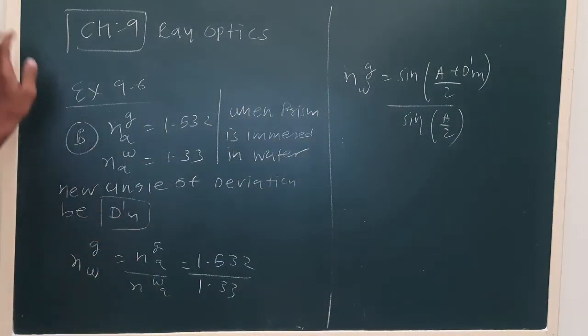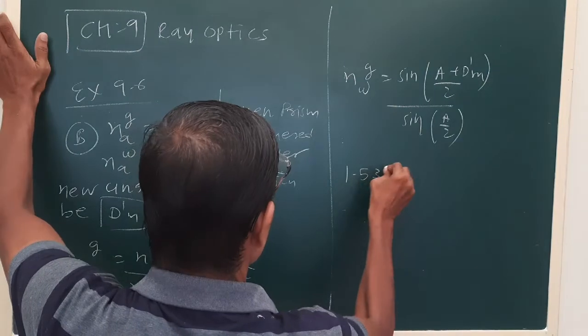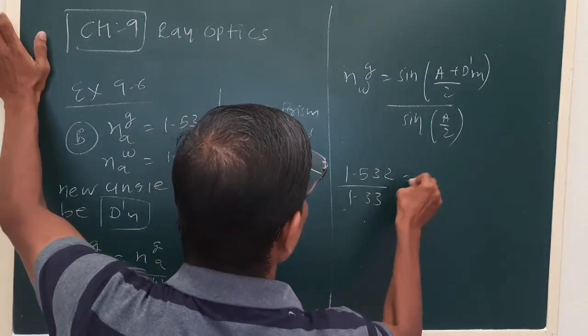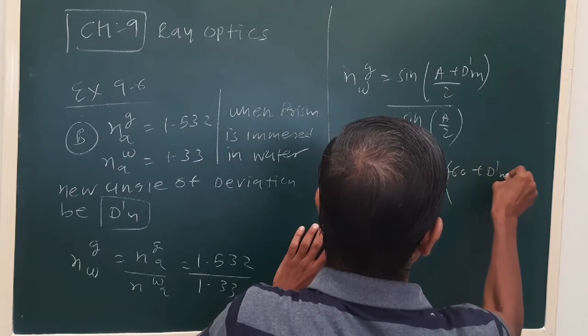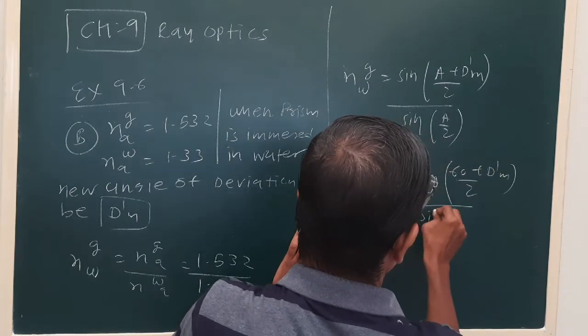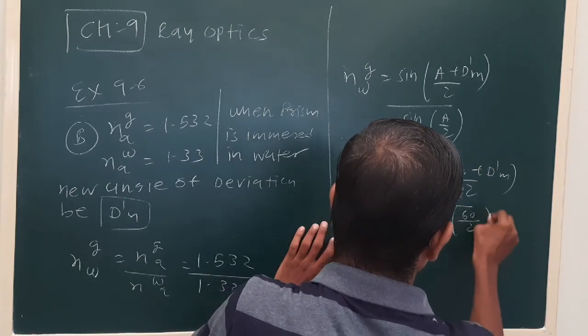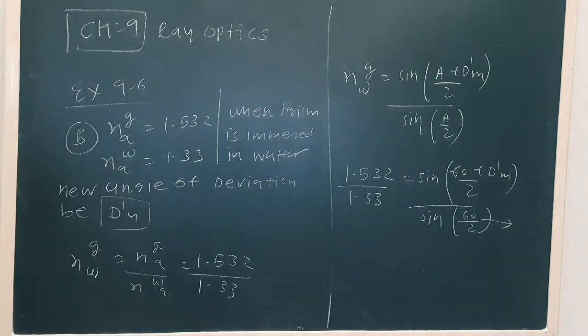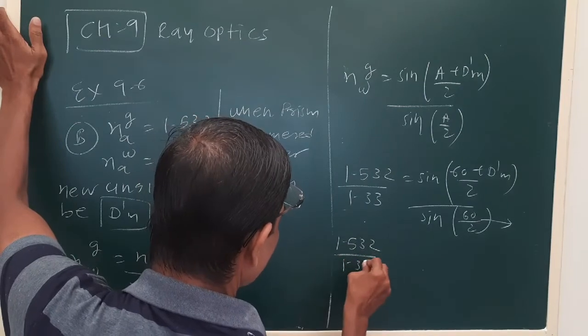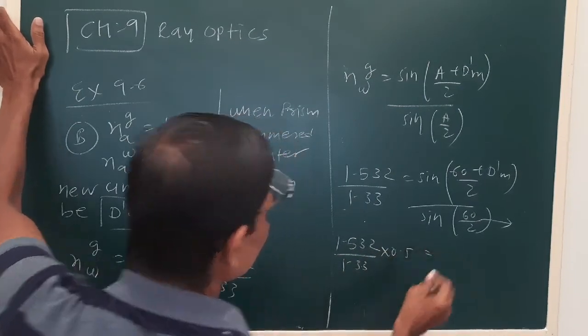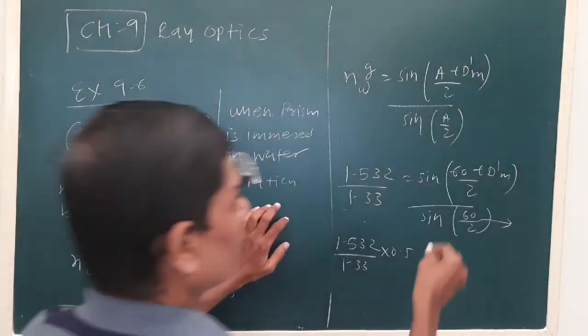Now this value is given to us. A is again 60. Now this will be sin 30, that is 0.5. Okay, that will be 1.532 upon 1.33. Okay, now see, 60 upon 2 will be 30.